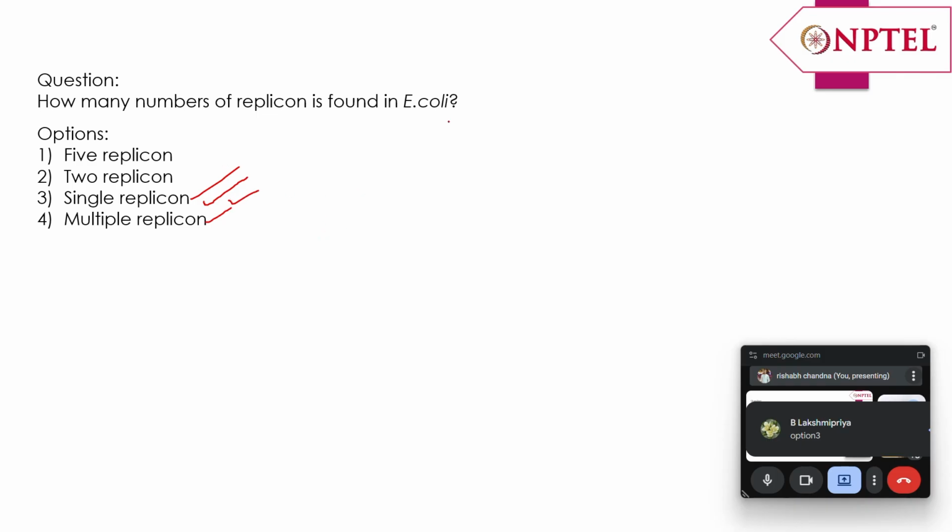Okay, so the number of chromosomes present in an E. coli is how much? This is an open question to all.